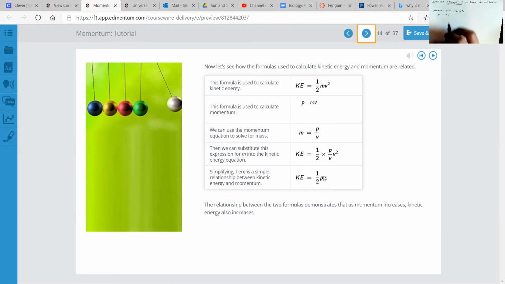So I'll write that on our sheet. That will be kinetic energy, KE, equals 1/2 PV. All right.